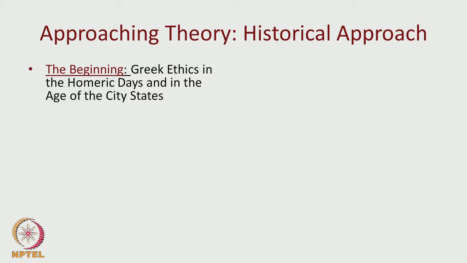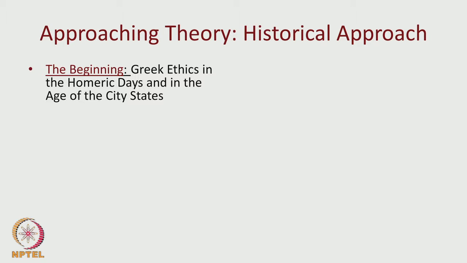So, when we try to understand historically how ethical theories have emerged, how ethics as a discipline has emerged, and how philosophers started theorizing ethical deliberations, then we essentially have to go back to the Greek tradition in the Western world.